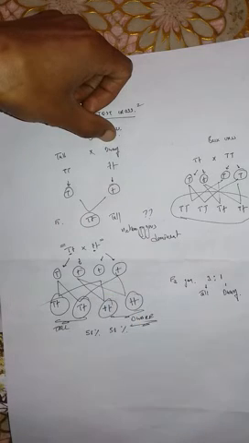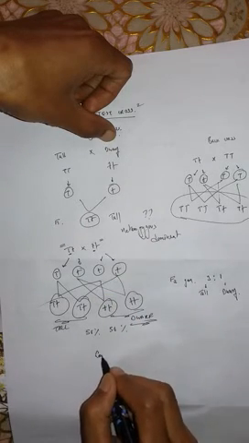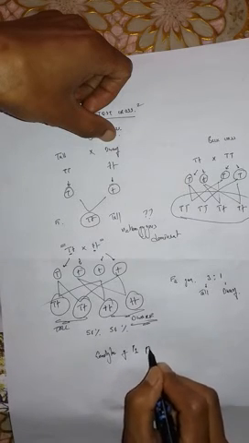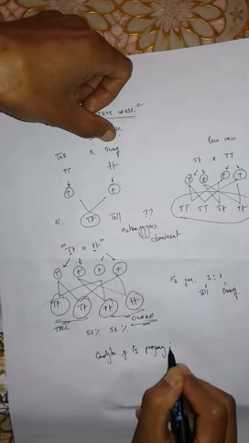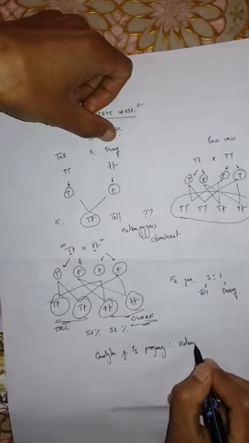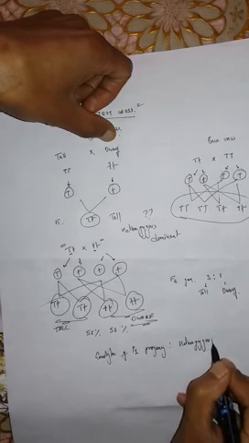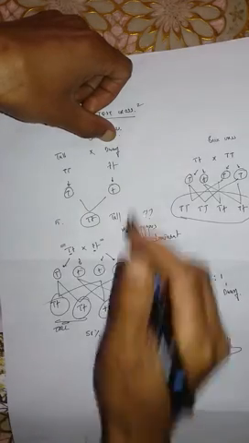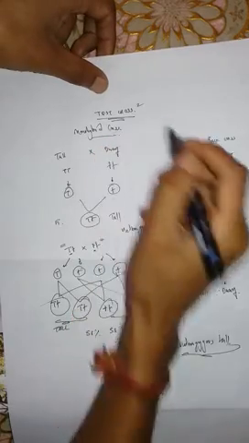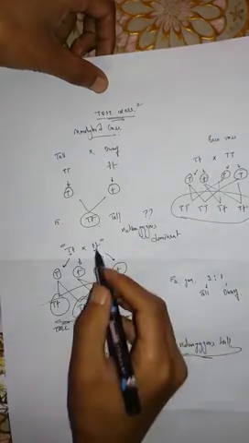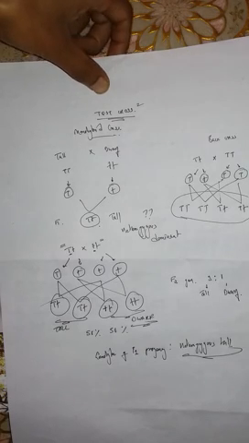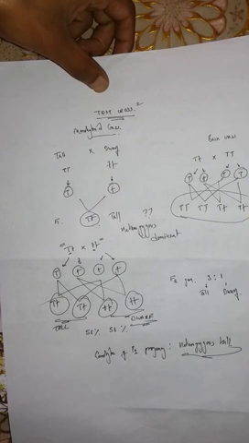By this way we can say that the genotype of the F1 progeny is heterozygous tall, and this we can find out with the help of the test cross, in which the F1 progeny is crossed with the recessive parent. Clear? So here we have done the solution of the assignment, and we have also talked about the test cross.